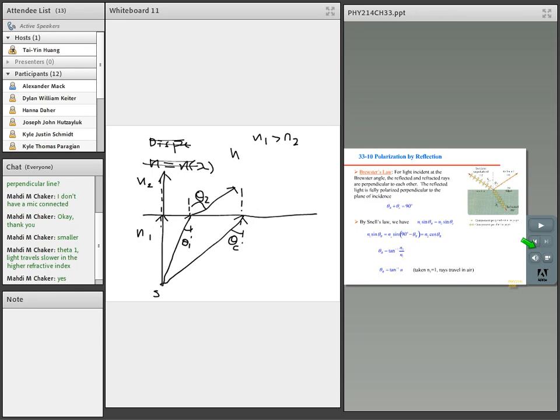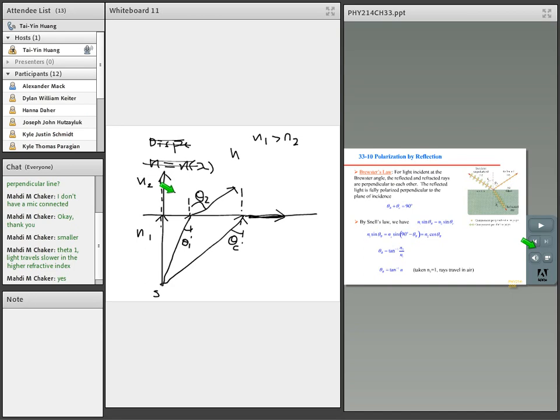When the light ray strikes the interface at the critical angle, the refracted ray will propagate along the interface. This angle is what we call the critical angle.